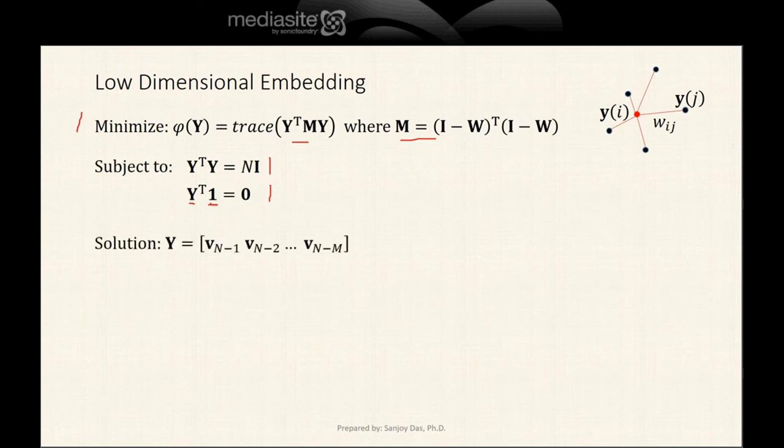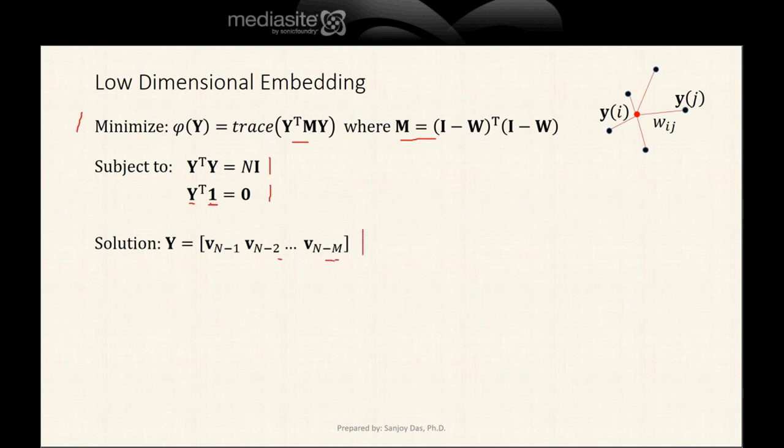So our solution is we take the smallest eigenvectors excluding the one which is all ones. So we drop the smallest eigenvector Vn, and then Vn minus 1, Vn minus 2 up till Vn minus m.